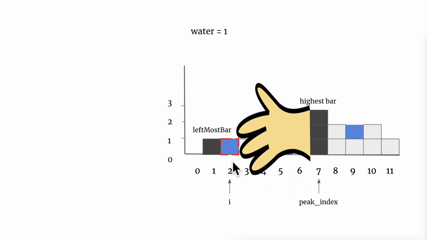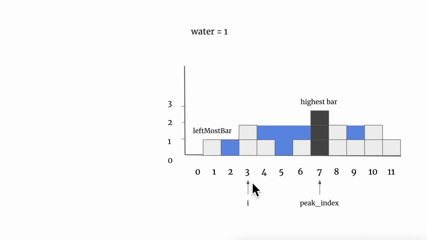What can I get for the current position? I can trap 1 unit of water. Based on the wooden bucket theory we mentioned, between this leftmost barrier and this highest barrier, the shorter barrier determines its water trapping capacity, which is 1 unit of water.